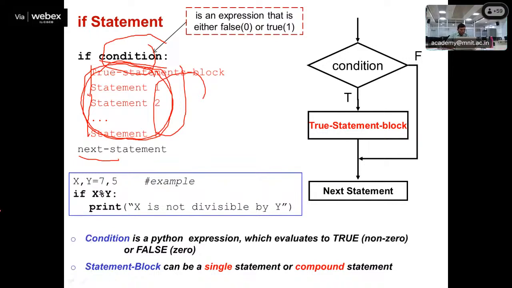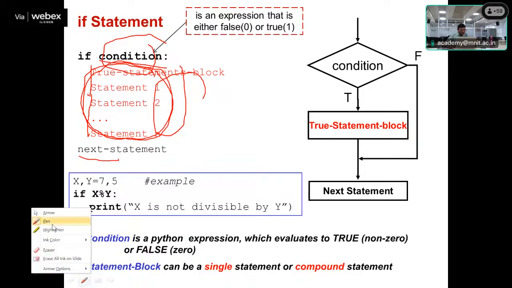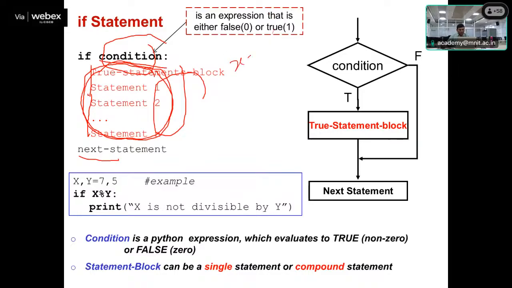So now here you can see we have taken x to be 7, y taken 5, and we are going to write a conditional statement. What conditional statement are we giving? x remainder y, right? How to write? We have to use the if.